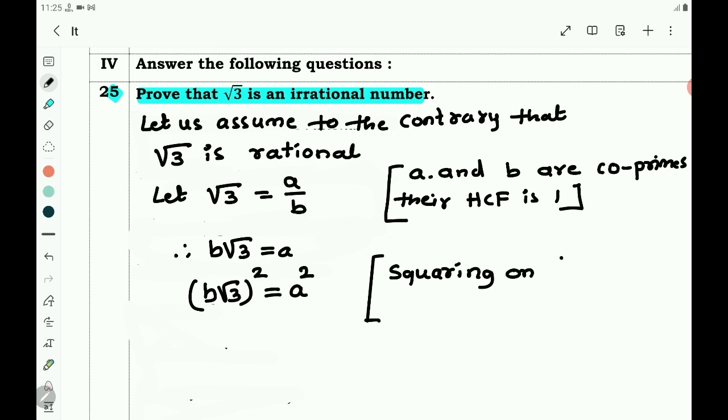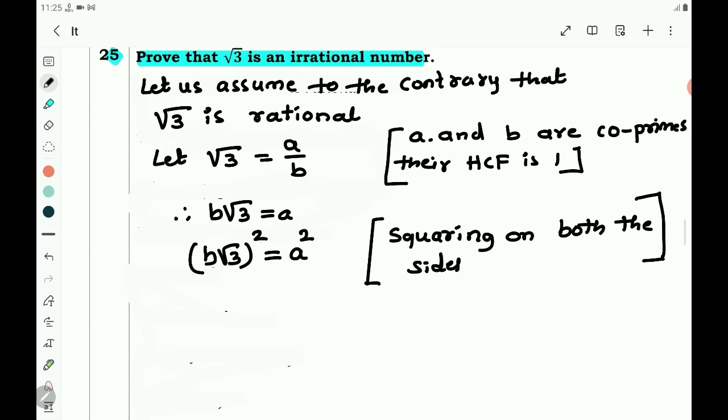Squaring on both the sides, (b root 3) whole square becomes 3b square, equals a square. 3b square equals a square. Consider it as 1.